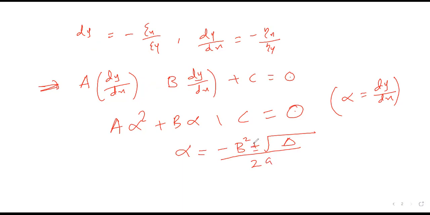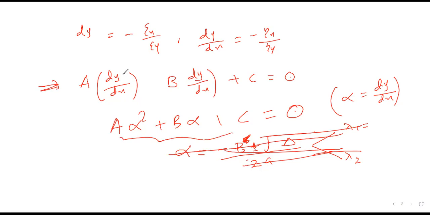Since we have plus or minus, we will have two solutions, which we call lambda 1 and lambda 2. Lambda 1 can be minus b, sorry, give me a second. Did you get this? I'm just putting dy over dx as alpha, so alpha squared, b alpha plus c.